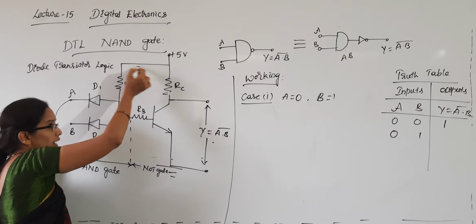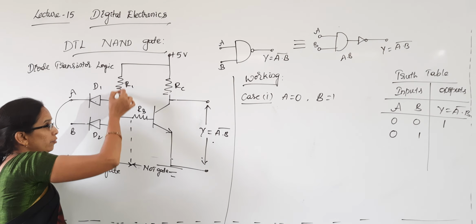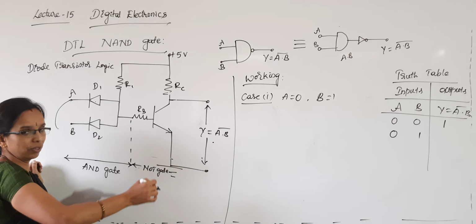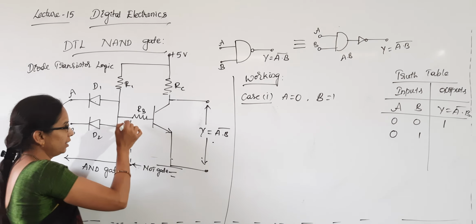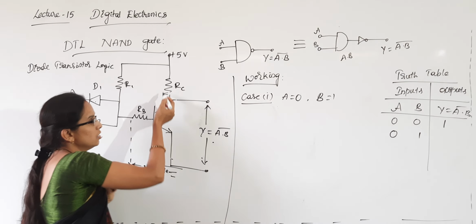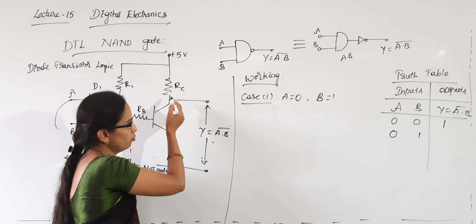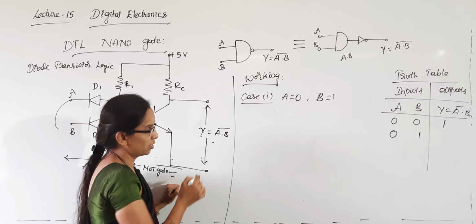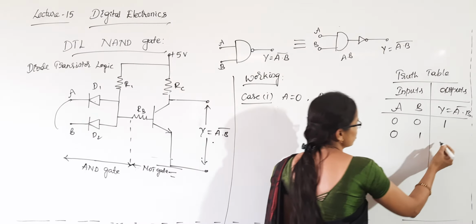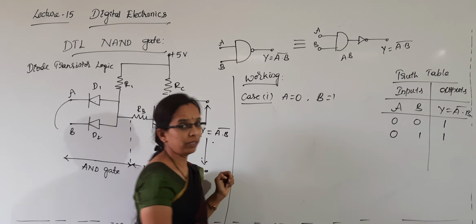Whatever current flows from the supply will flow through R1 and take the path of D1 into ground. Again, no current enters the base of the transistor, so the transistor will be in cut off mode, all the voltage appears across the output. So, that time also you can expect the output as 1.